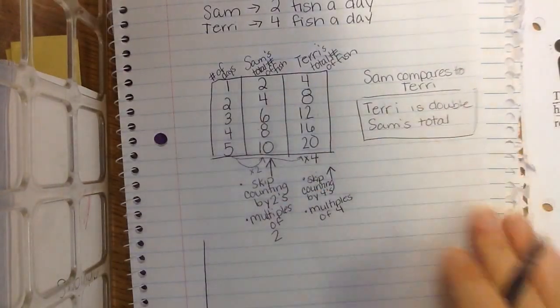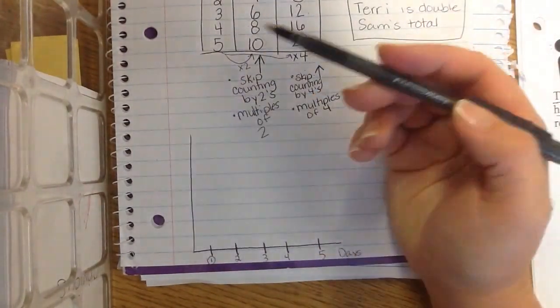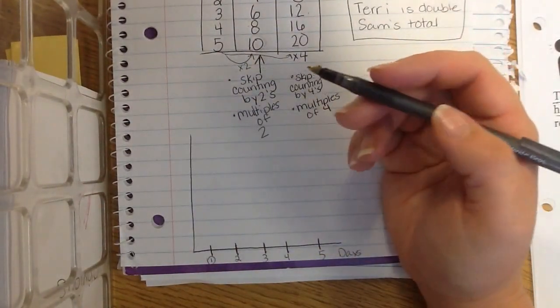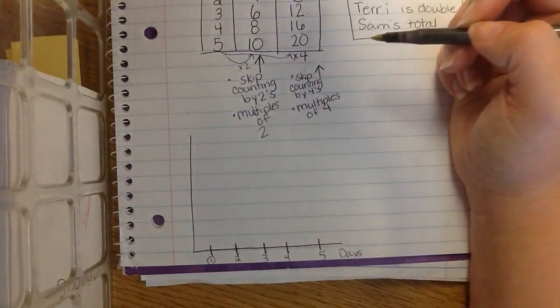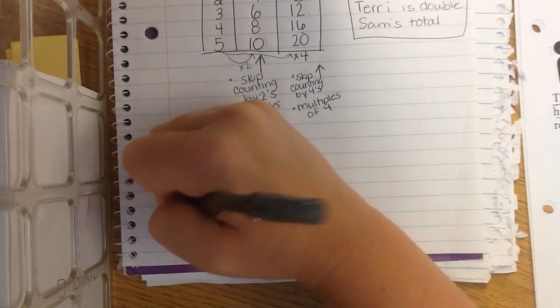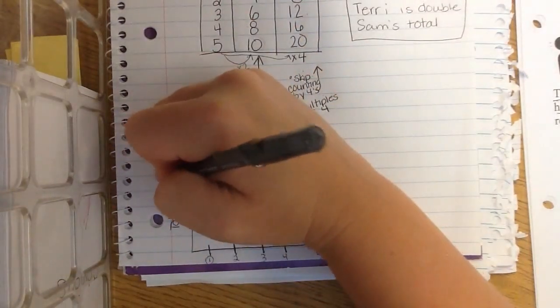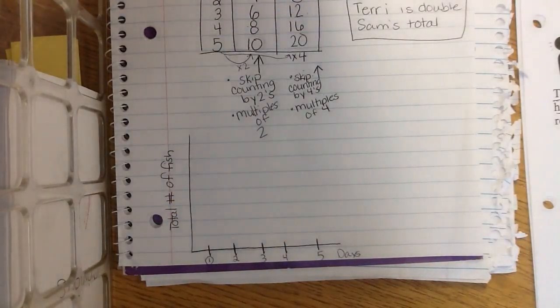Oh, I'm sorry, you can't see that. This is the horizontal axis, this is the vertical axis. So I'm looking at the total number of fish. I have to look at what I'm going to label by.